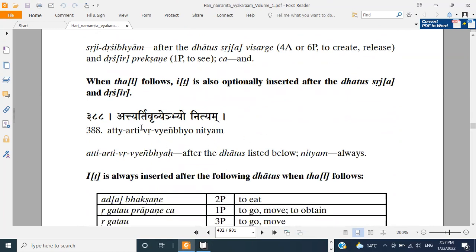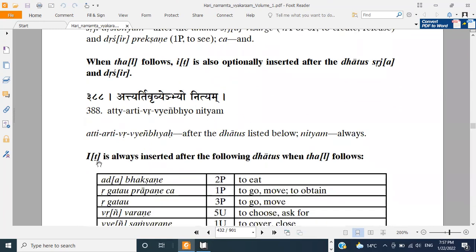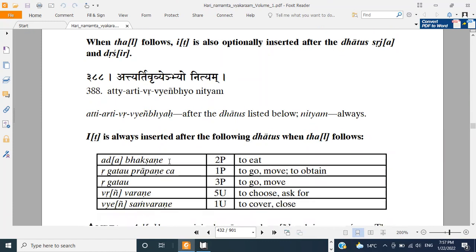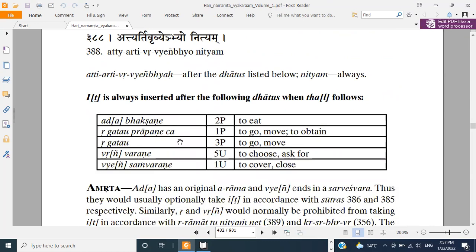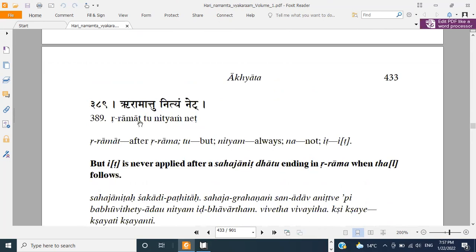Atyarthi Vrim Nityam. It is always inserted after the following dhatus when Thal follows. So Adbhakshane Rigatau Prapane Cha Rigatau Vring Varane and Ving Samvarane. We'll also do that ahead. And Rirama to Nityam Nit.